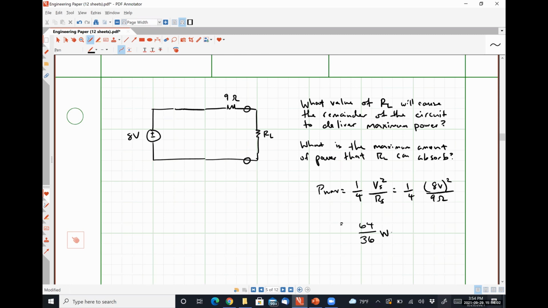So that's a fantastic question. If RL were 0, how much power would be delivered to the load? If we're looking at the power absorbed by a resistor and the resistor value is 0, the power absorbed by the resistor is 0. Yes, so what I'm asking is how much power is delivered to RL by the rest of the circuit.